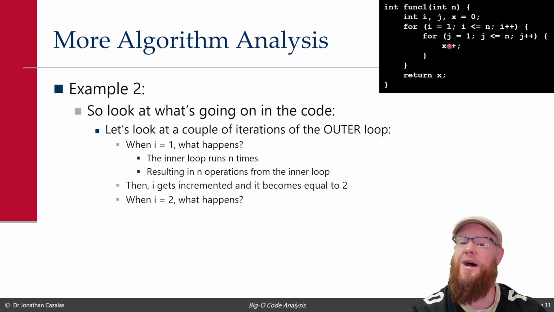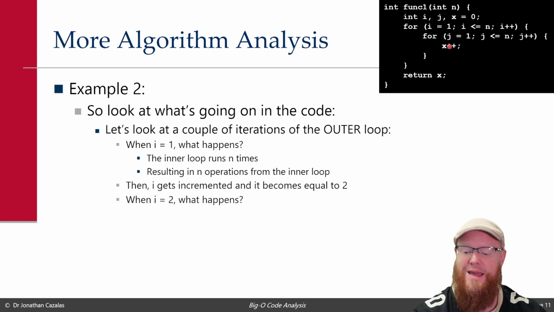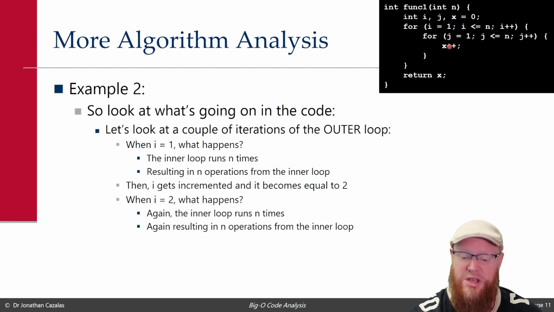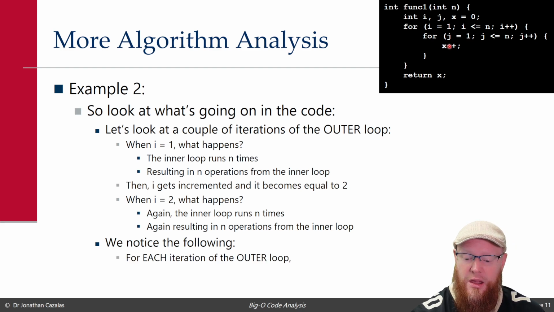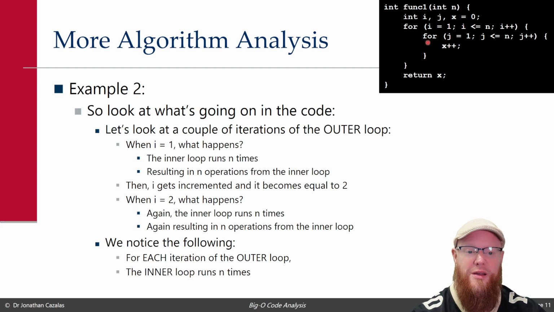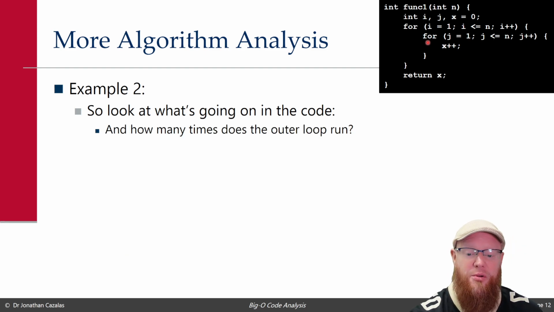The inner for loop again runs exactly n times, each time doing that one operation, so we have those n operations again. And so we notice that for each iteration of the outer for loop, the inner for loop runs n times, resulting in exactly n operations.